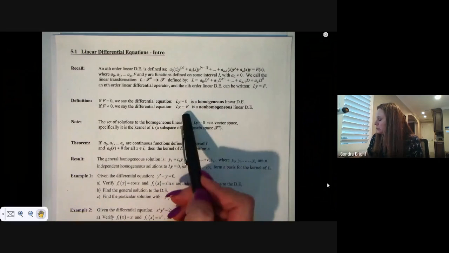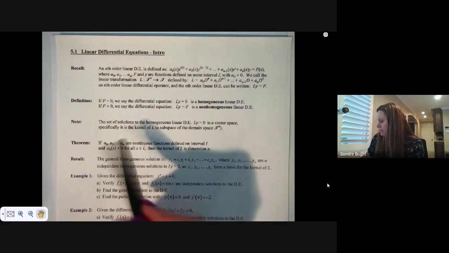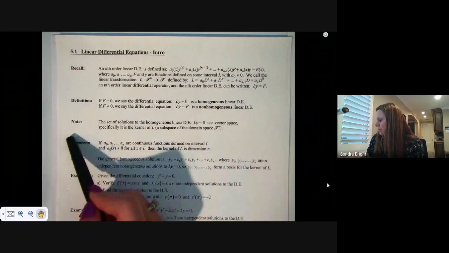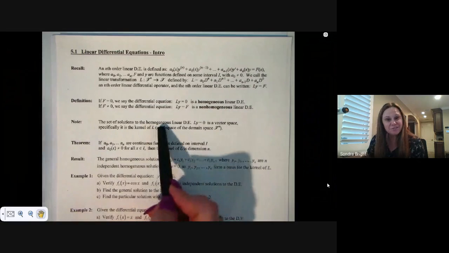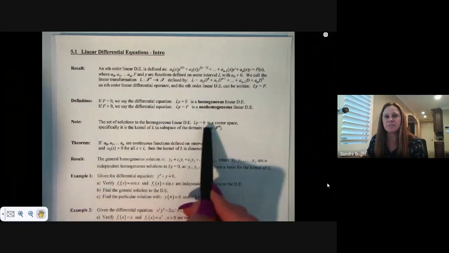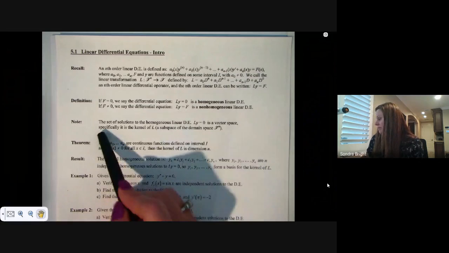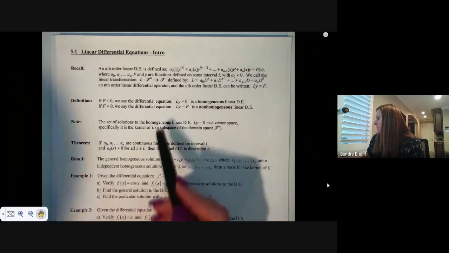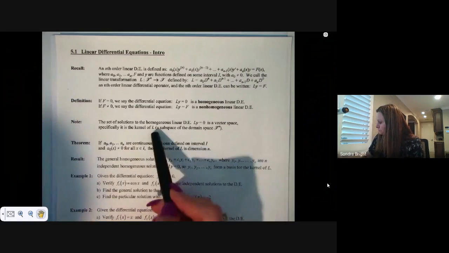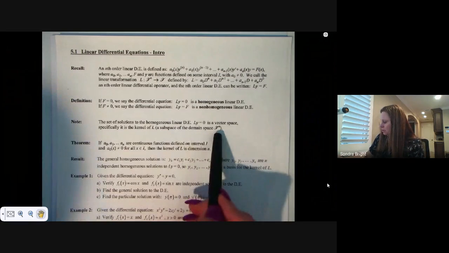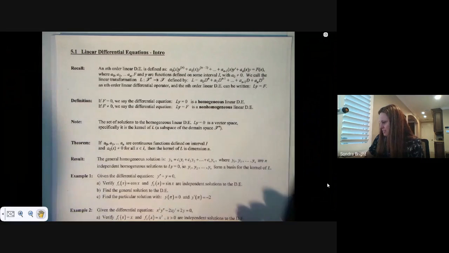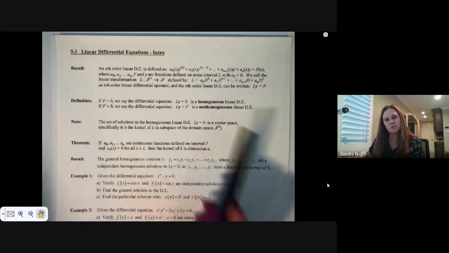Note that the set of solutions to the homogeneous linear differential equation, Ly equals 0, is a vector space. Specifically, it's the kernel of L, which is a subspace of the domain space Fn. So it is the kernel, and it is a vector space.